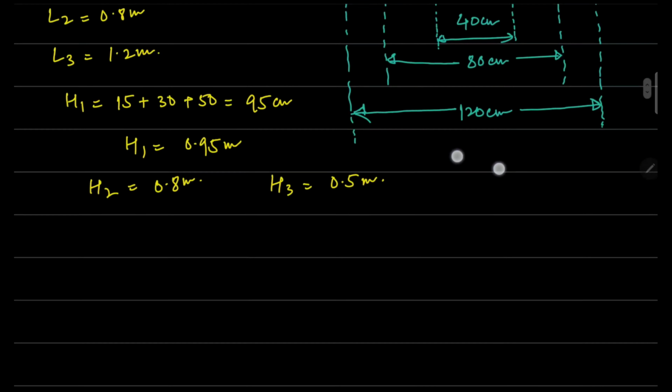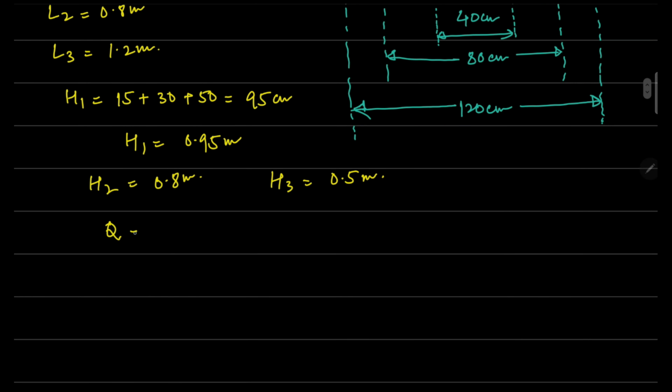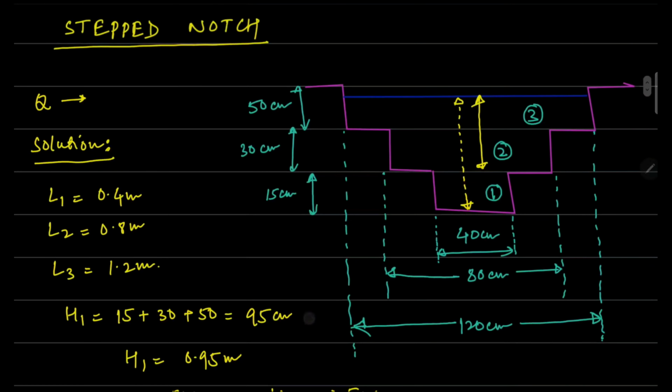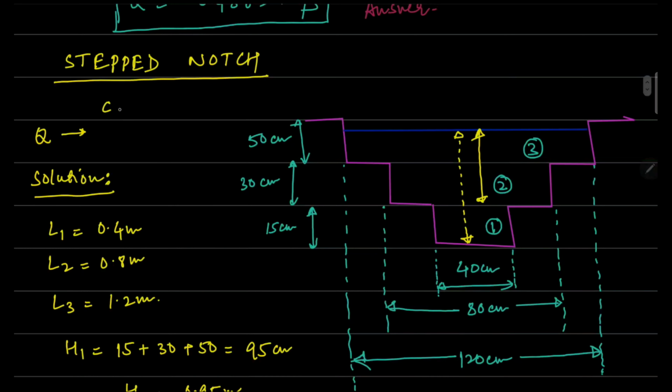Now, in order to find the discharge, it will be the summation of Q1, Q2 plus Q3. For Q1 is equal to 2 by 3 CD1. For this particular problem, the CD is considered as a constant value, which is 0.62 for all the channels.